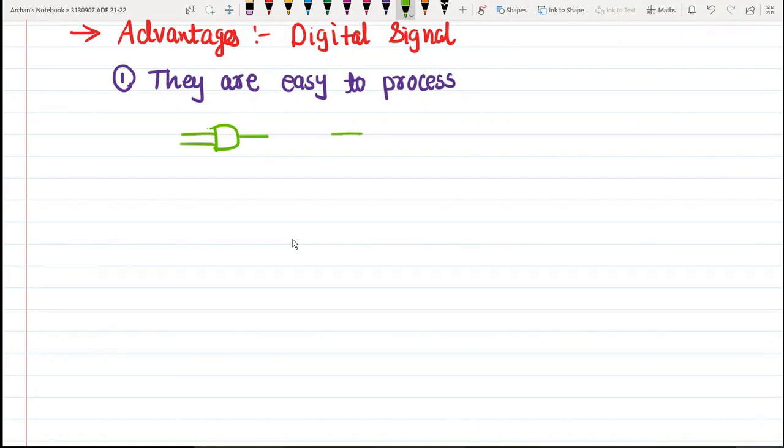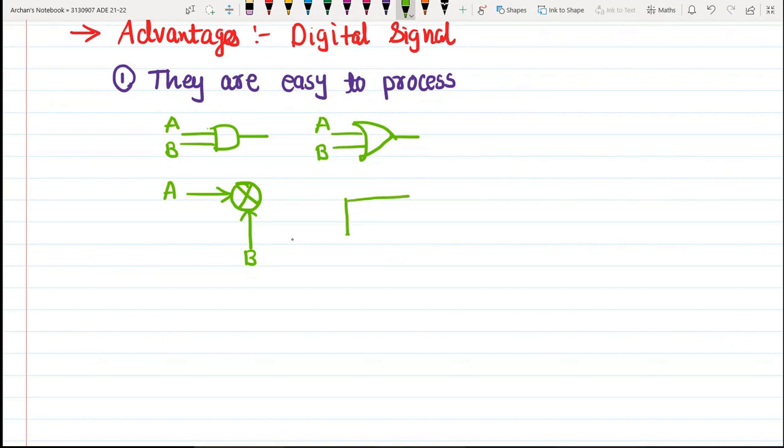Similarly, I will have an OR gate, which again has two inputs and one output. Or we will have some multiplication circuit like this, where we provide two inputs, say A and B over here. Similarly, here also we will have two inputs, A and B. And we may also have adder circuits.